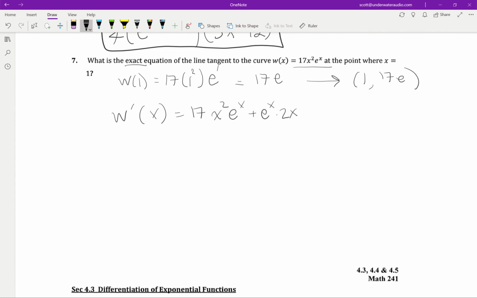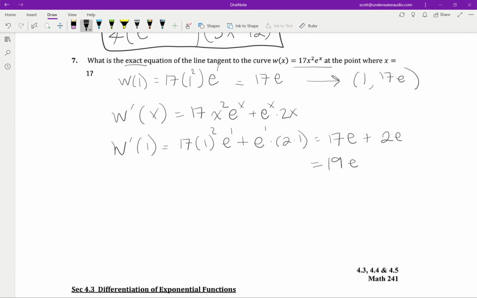Okay, that's the derivative, but I need the slope specifically at 1. So 17, 1 squared, e to the 1, plus e to the 1 times 2 times 1. So 17e plus 2e, which is 19e.